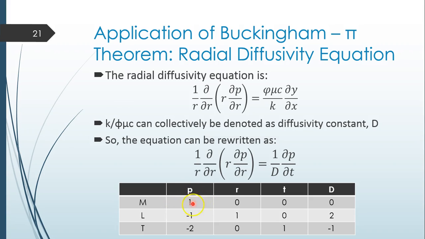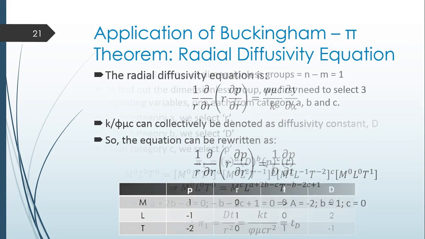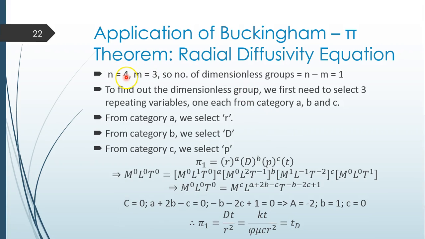Okay, so now we will again tabulate the dimensions of all the variables. So P will be 1, minus 1, minus 2, r 0, 1, 0, t 0, 0, 1, and D 0, 2, minus 1. So n is equal to 4, m is equal to 3, number of dimensionless groups, n minus m, is equal to 1. To find out the dimensionless groups, we first need to select 3 repeating variables, one from each category A, B, and C. So from category A, we select r, the length dimension.